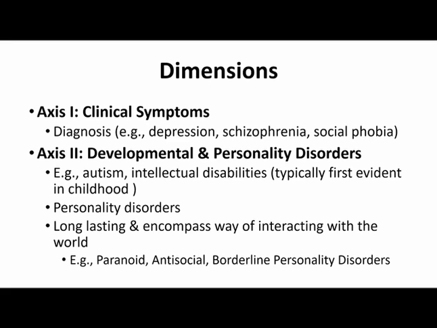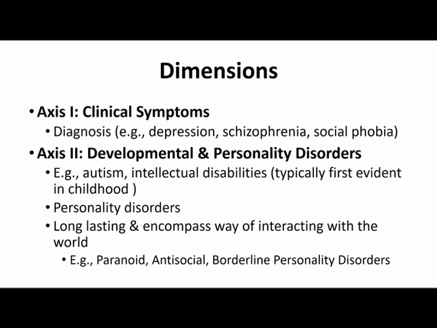But this section is basically looking at long-lasting disorders, things that are going to encompass your way of interacting with the world. So if you have a particular type of personality disorder, maybe you're going to have paranoia, maybe you're going to be antisocial or something like that, and it's affecting how you interact with the world.